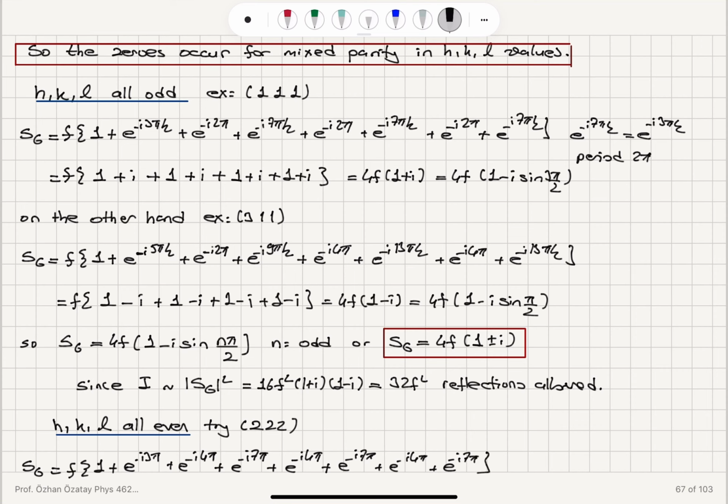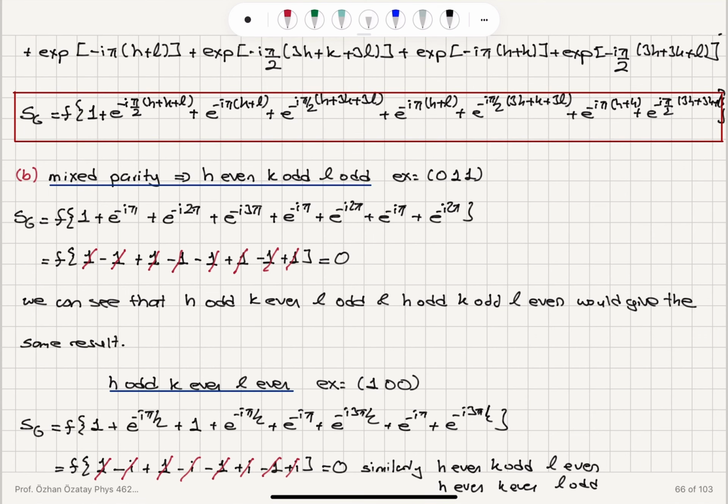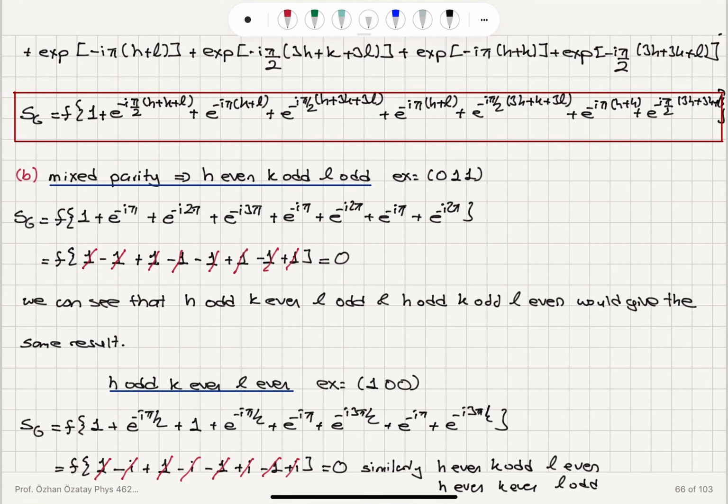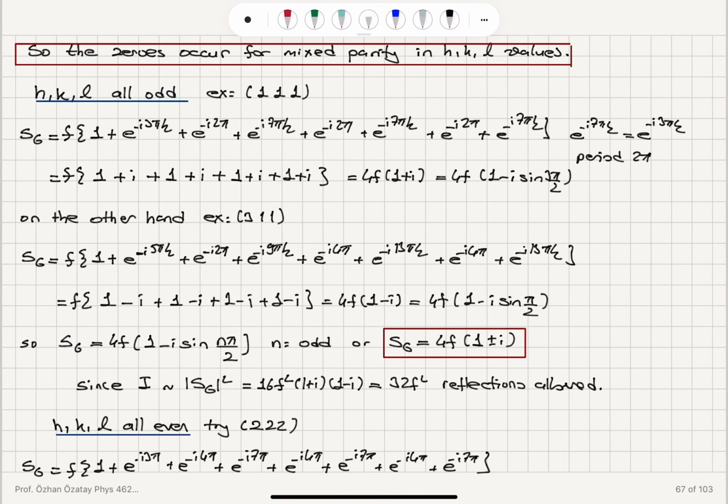Looking at the last one, 2, 2, 2 gives me 6, another 6, that is 12, plus 2, 14 divided by 2, that is 7. So e to the minus i 7 pi is what I would find.